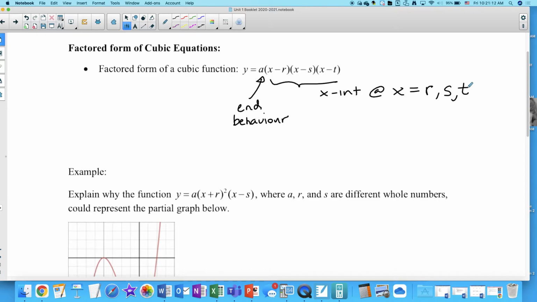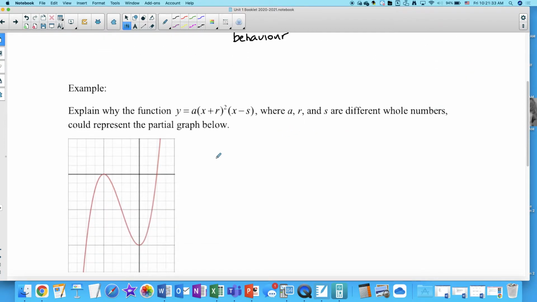In fact, there's one right here. So explain why the function y equals a times (x plus r) squared times (x minus s), where a, r, and s are different whole numbers, could represent the partial graph below. Okay. So when you're answering these, you want to make sure to speak to each piece of the equation and make a clear connection between that piece of the equation and what you see on the graph.